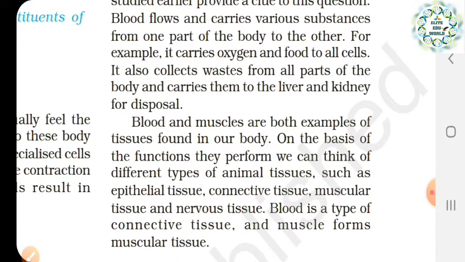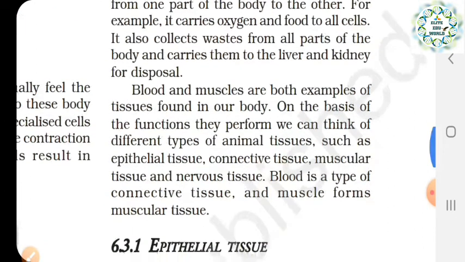We have already seen the function of the kidney in the excretory system, how it works. These kidneys work as the excretory part, removing nitrogenous waste in the form of urine or urea. That is why the function of blood is very important.